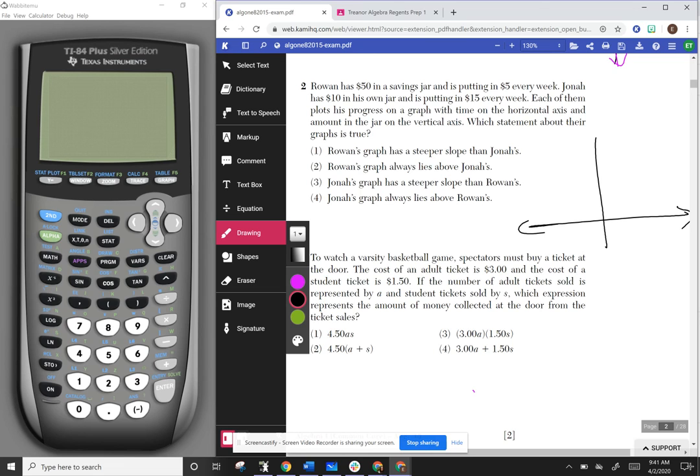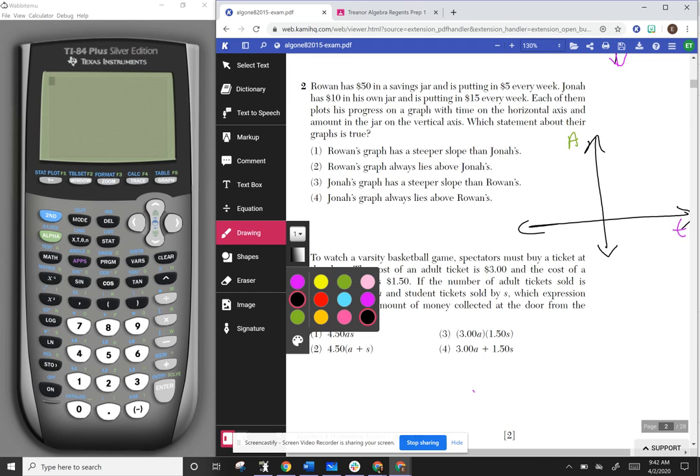So we got time on the horizontal axis and the amount in the jar on the vertical axis. Okay, so I guess A, amount. Which statement about their graphs is true?